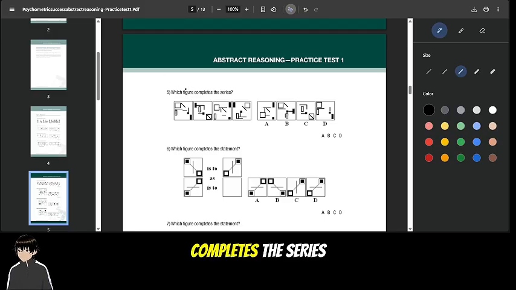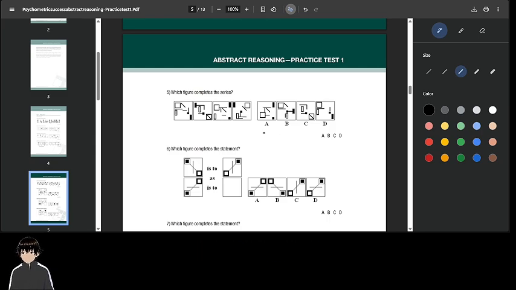So which figure completes the series? We have this. This is a little bit more complicated. Struggling to understand what the pattern might be here.